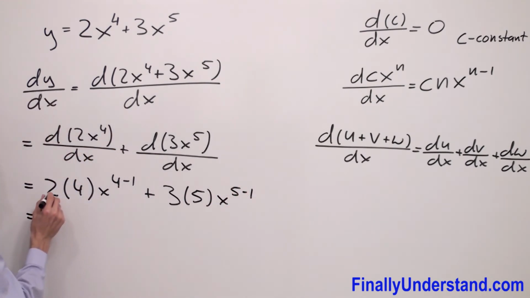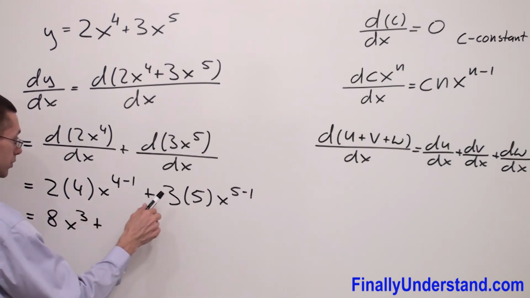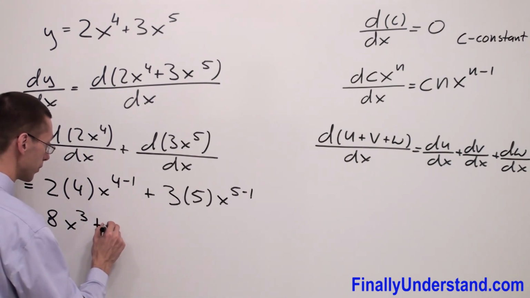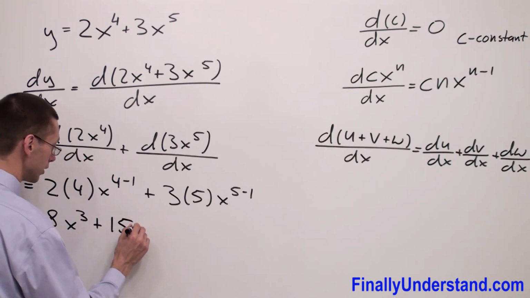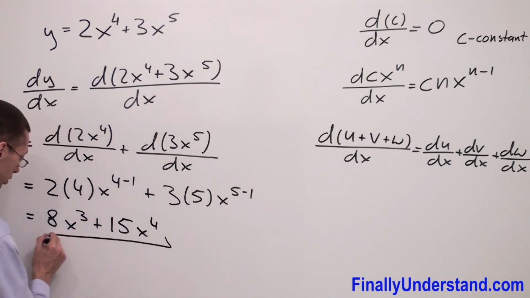So this is equal to 2 times 4 is 8, x to the 4 minus 1 is 3, plus 3 times 5 is 15, x to the 5 minus 1 is 4. And this is the solution to my problem.